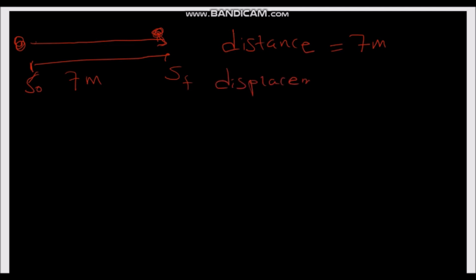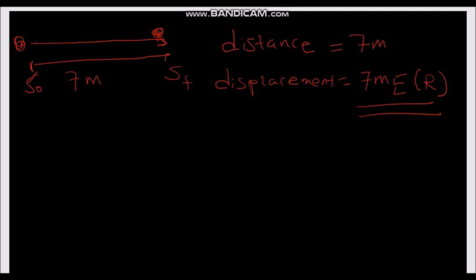The displacement is equal to 7 meter towards where? We can say east, or we can say right, because we have to put the direction due to its vector quantity. Okay, that's the difference.